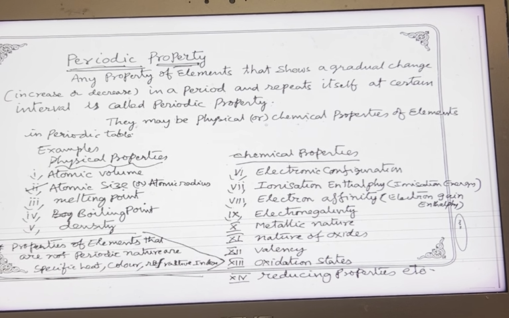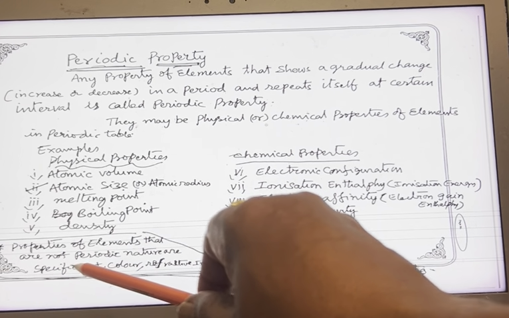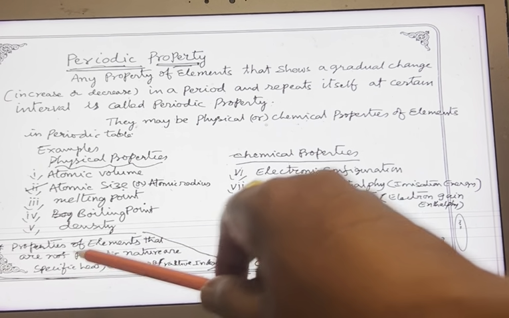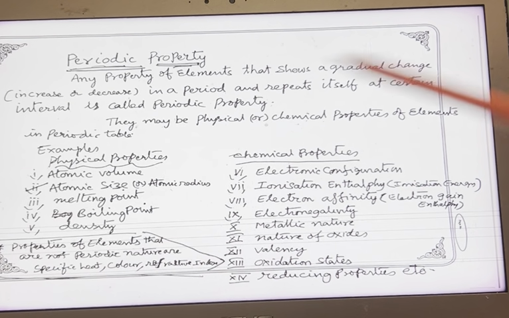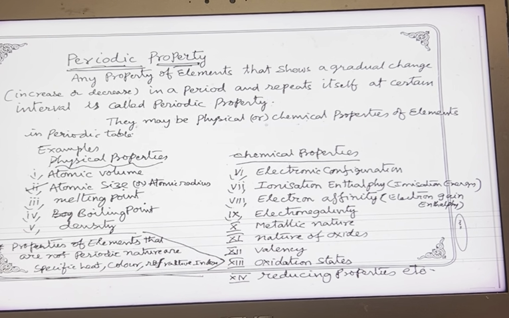Properties that are not periodic in nature are specific heat, color and refractive index. These do not change gradually or repeat at regular intervals, so they are not periodic properties.